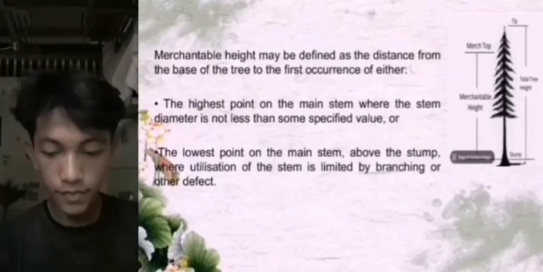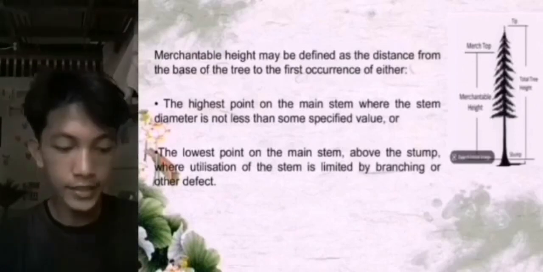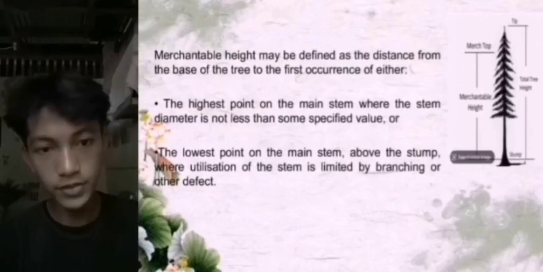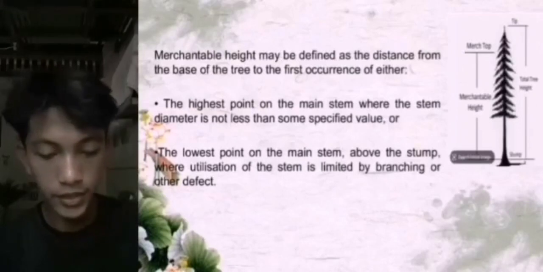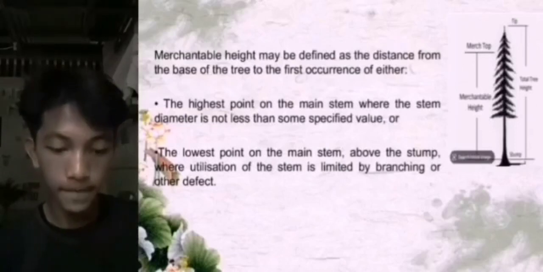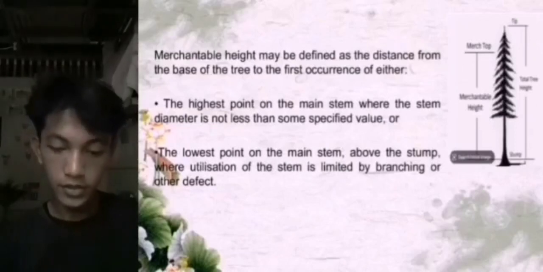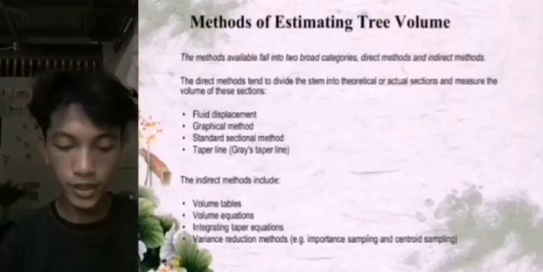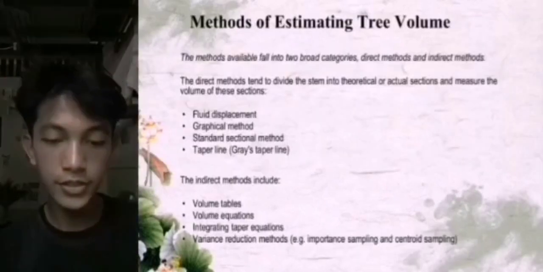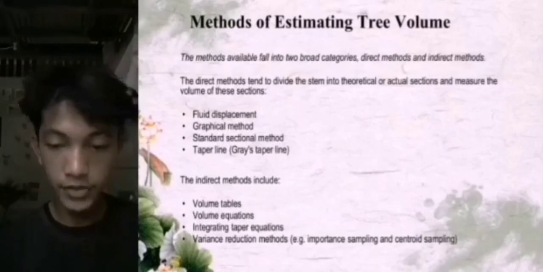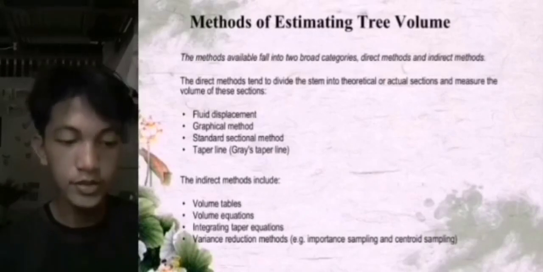For example, for pulpwood, ang height measurement is 8 foot length, or called half logs, that is the standard of the pulpwood. So na yung mga standard depende sa product. So there are two broad categories, the direct methods and indirect methods.